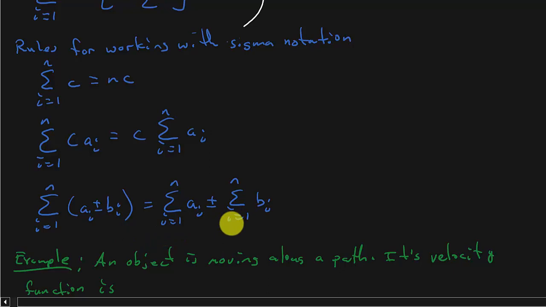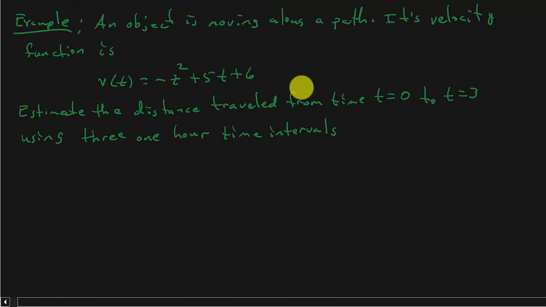All right, so now let's look at this example. An object is moving along a path. Its velocity function is v of t equals negative t squared plus 5t plus 6.